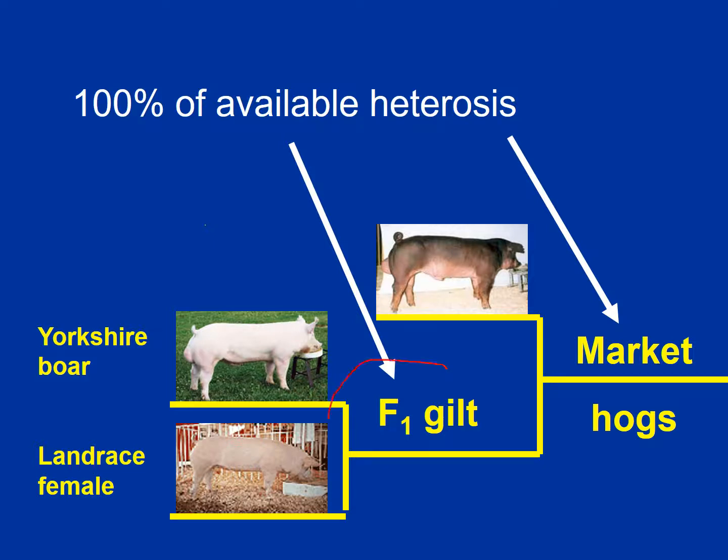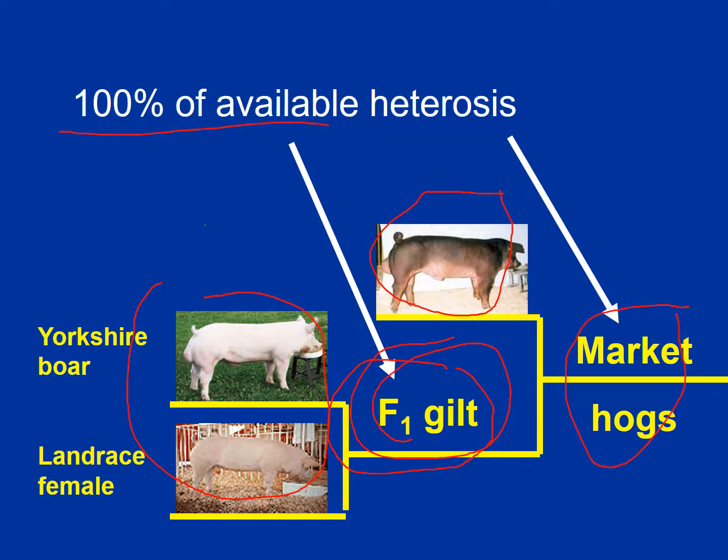So as far as these F1 gilts, we're going to have 100% available heterosis because the parents are unrelated to each other. And then we come with a third breed, unrelated to the females, and the market pigs will have 100% of the available heterosis because the parents of the market pigs were not related to each other.